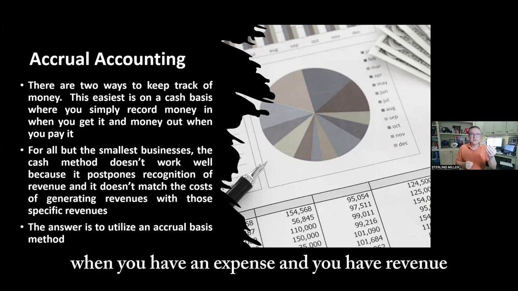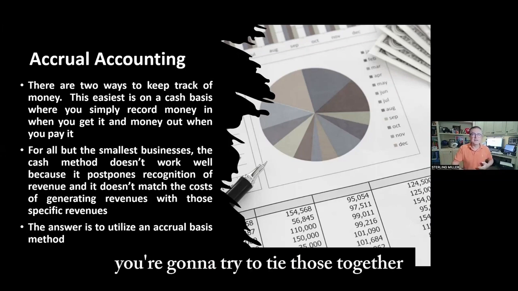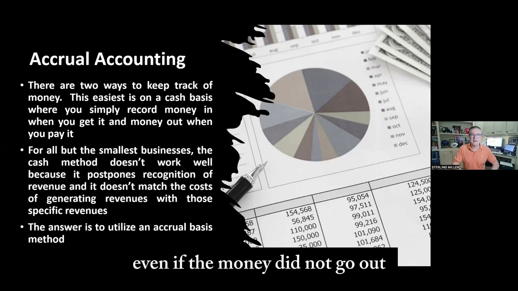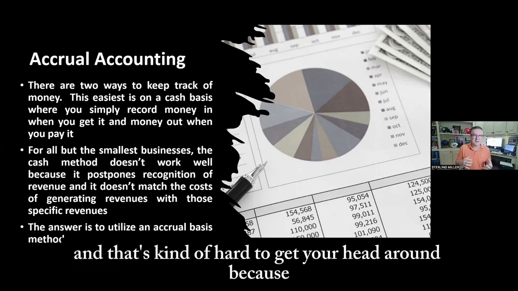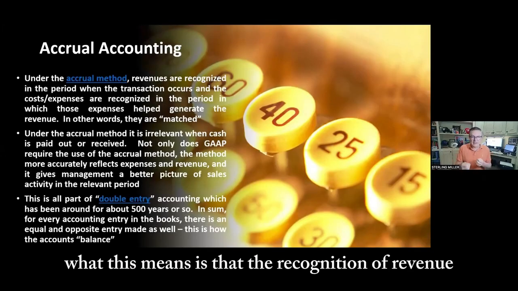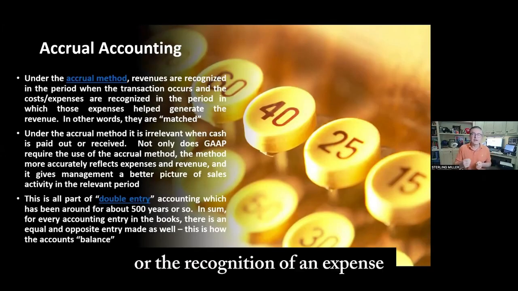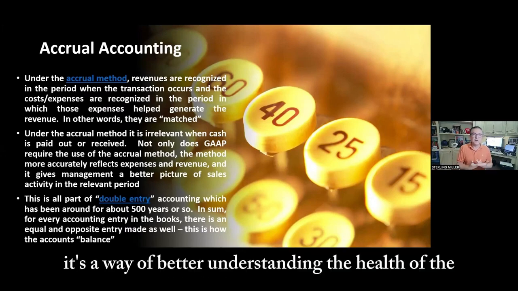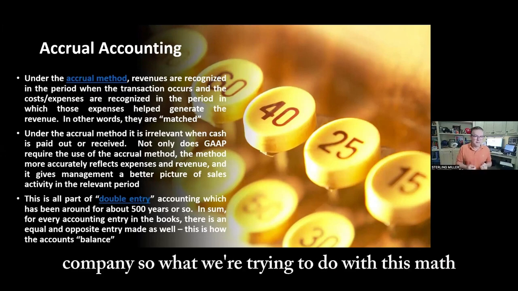So when you have an expense and you have revenue, you try to tie those together, even if the money did not come in, even if the money did not go out. That's kind of hard to get your head around, because the recognition of revenue or an expense may or may not mean there is money in the door. But it's a way of better understanding the health of the company.